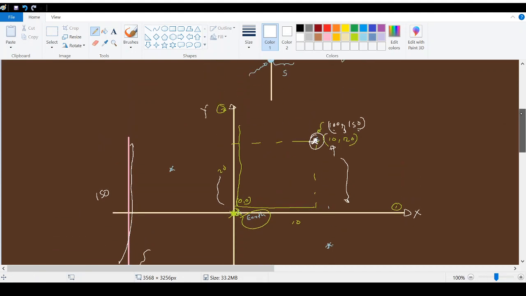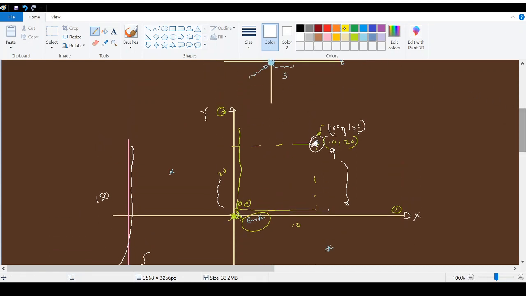See, it's the same object, but depending on the choice of the origin, this x and y coordinate will change. Now you can even select the origin to be this point. Then the x and y coordinate of that particular point will be 0, 0. Again, it's the same object, but depending on the position of the origin, the coordinates will change.